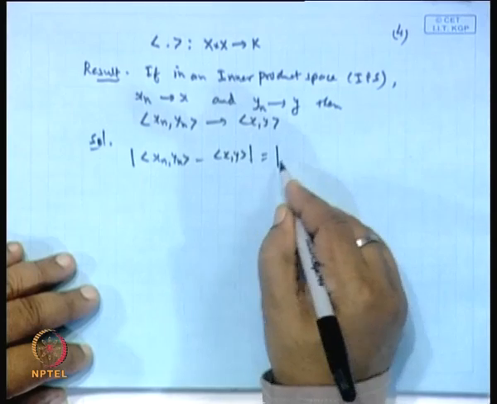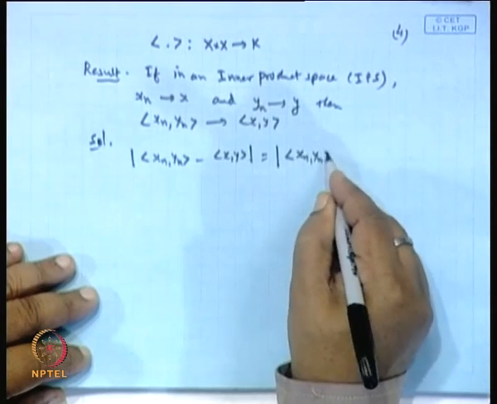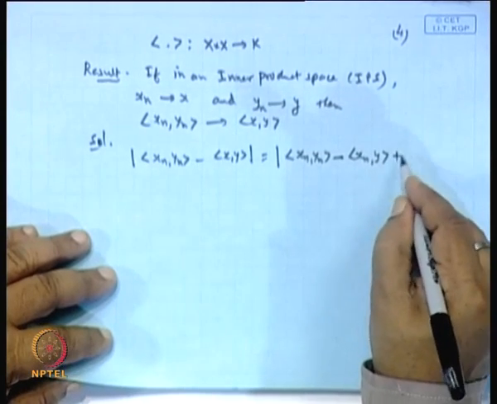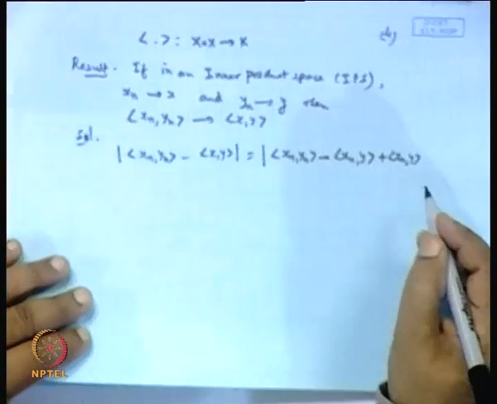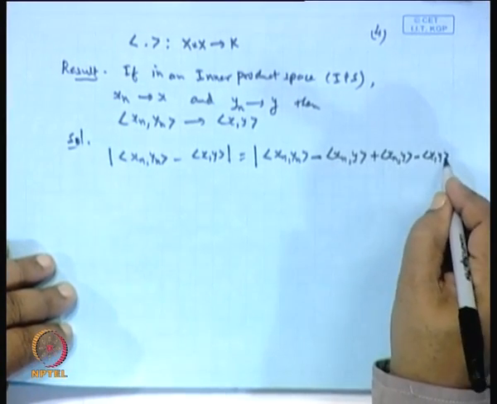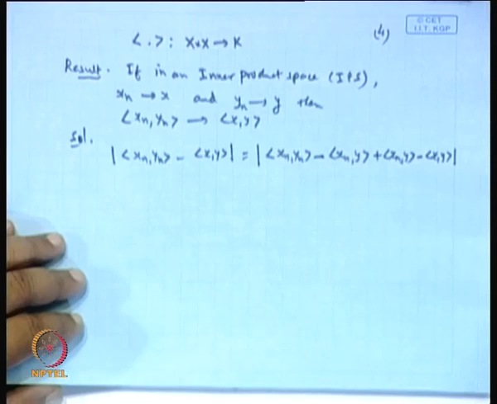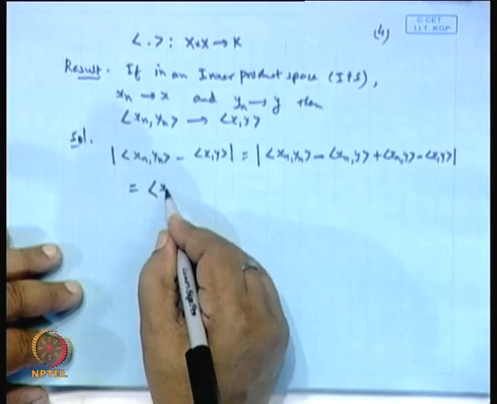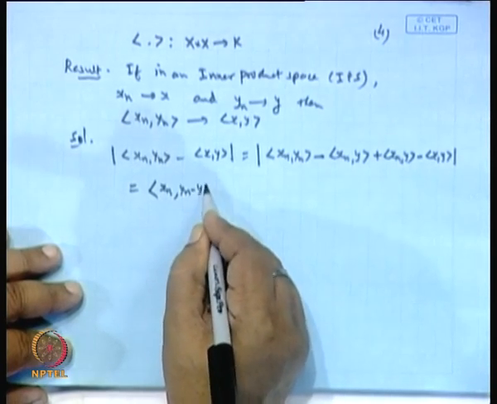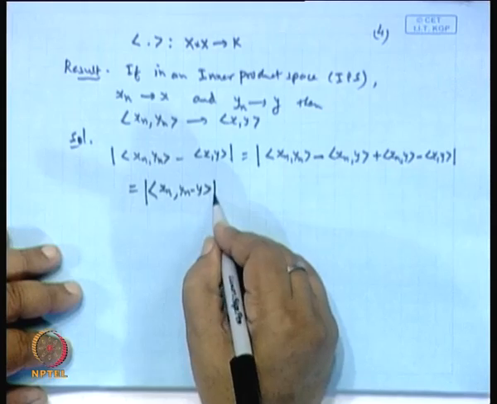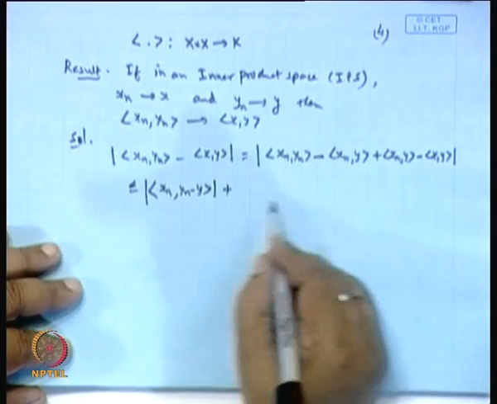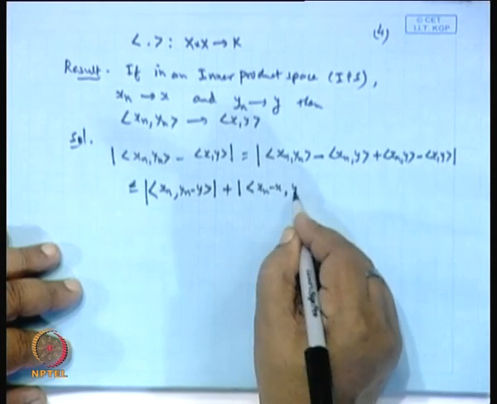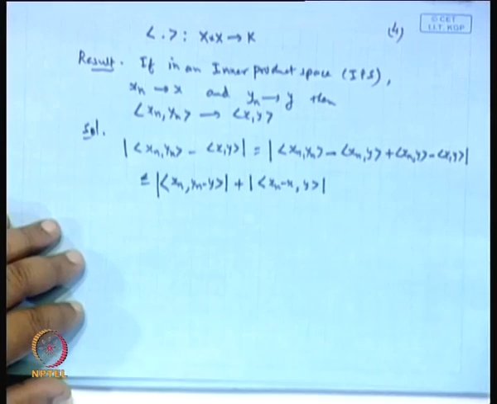Now, this can be written as modulus of (x_n, y_n) minus (x_n, y) plus (x_n, y) minus (x, y). Is it not clear? And this is less than or equal to modulus of (x_n, y_n minus y) plus modulus of (x_n minus x, y).